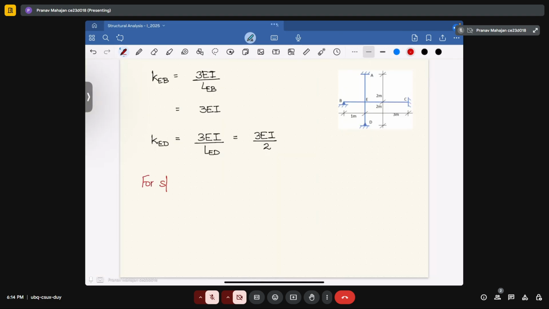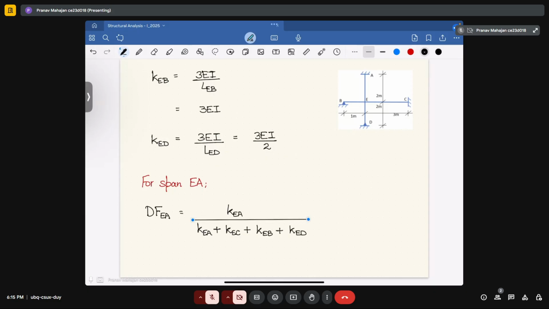For span EA, your distribution factor for EA will be equal to K of EA divided by K of EA plus K of EC plus K of EB plus K of ED.